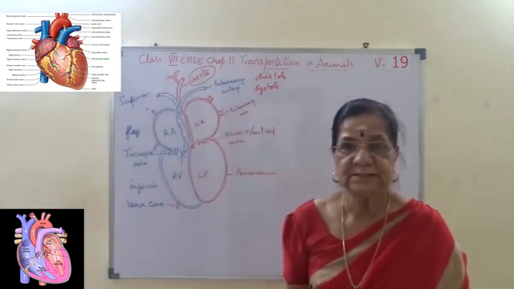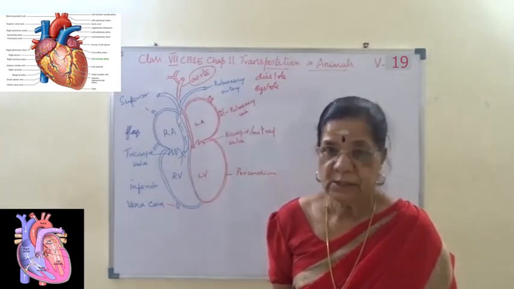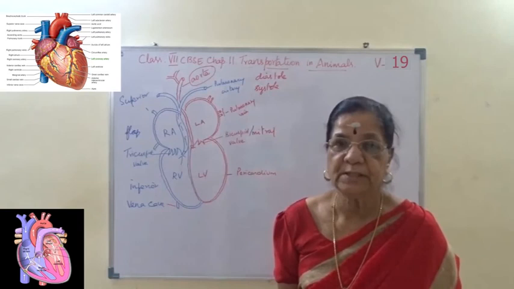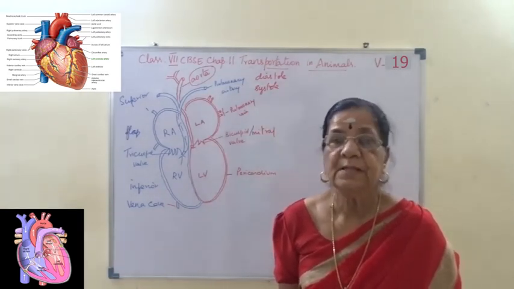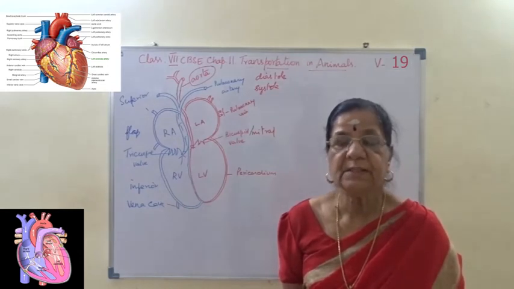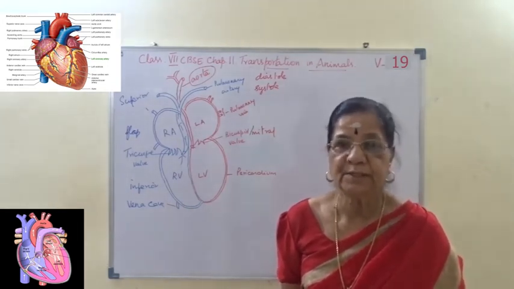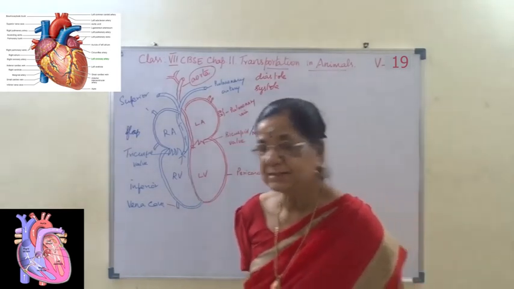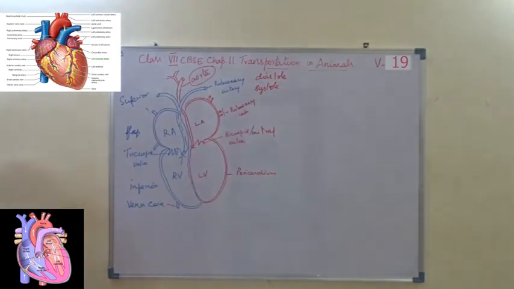When blood reaches the lungs for purification, the deoxygenated blood is purified. And from the lungs, when it is reaching the left atrium, it is oxygenated blood distributing to various parts of the body. I hope you understand this. So that is the structure and working of the human heart.